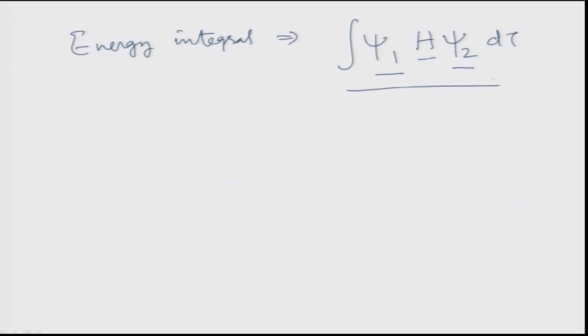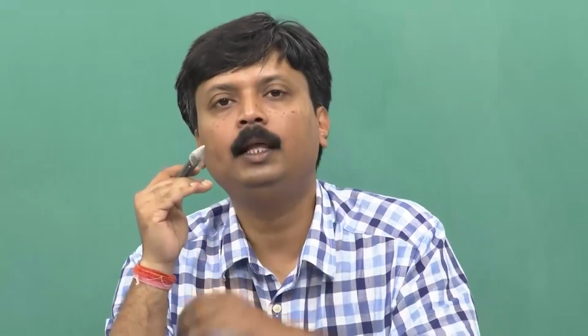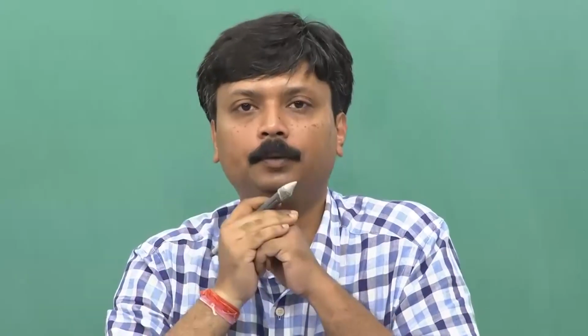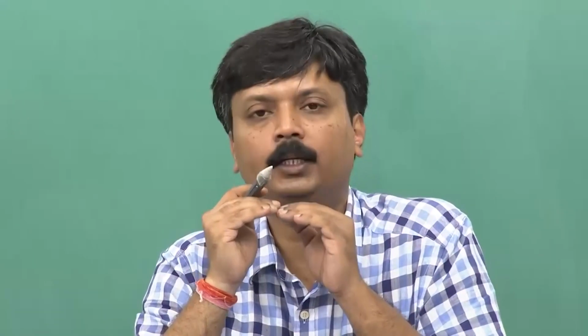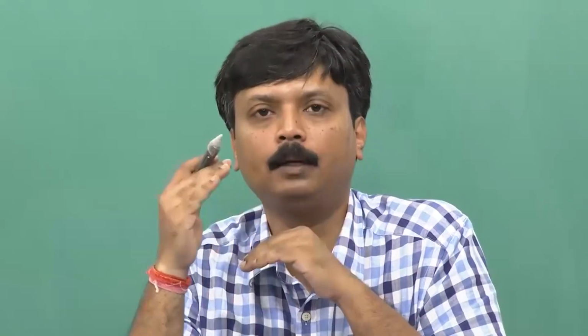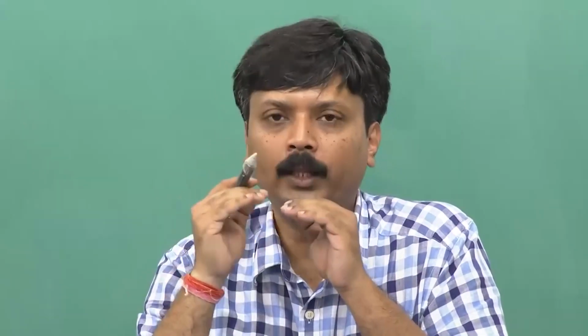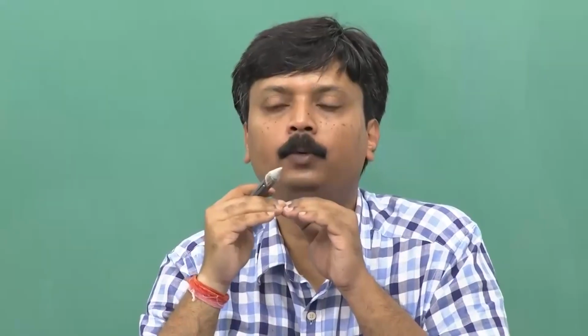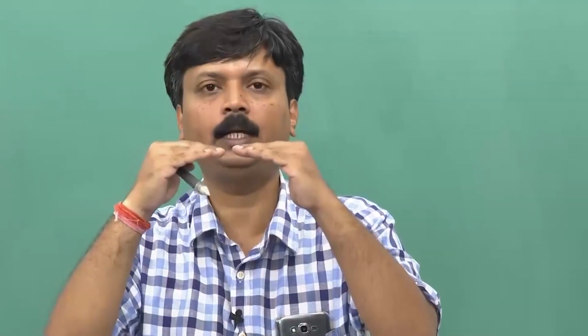What may happen here is that two states having the same symmetry, that is B3U, may interact with each other, and after interaction, they get split up. So you have two B3U states calculated at the same energy and of the same symmetry.